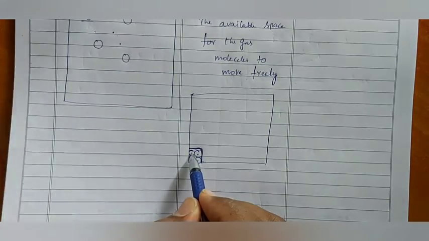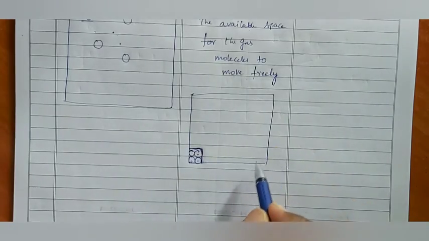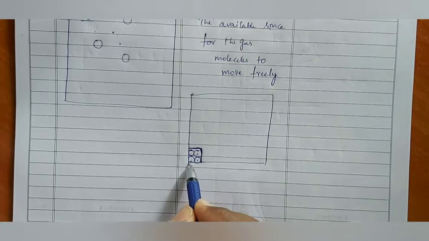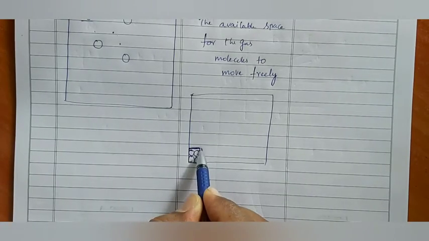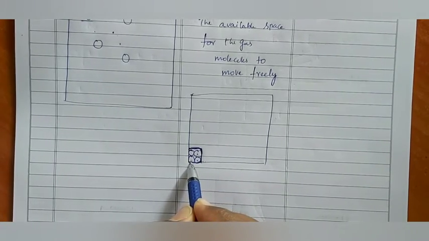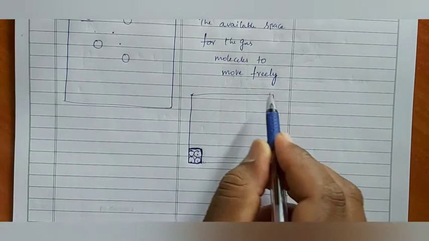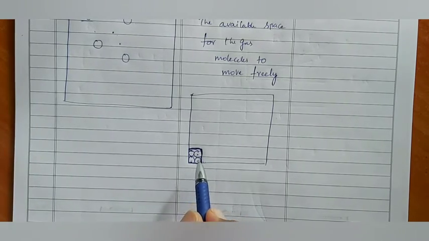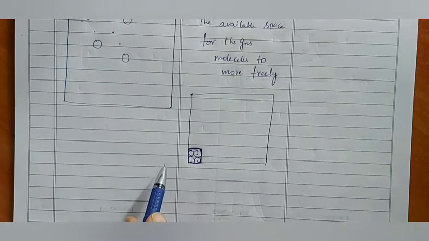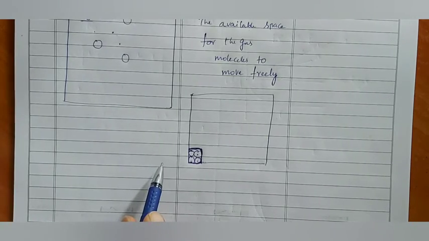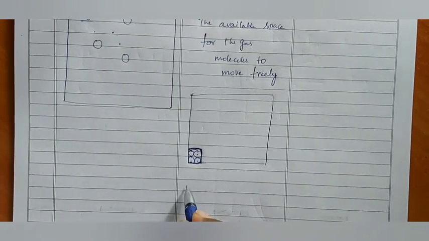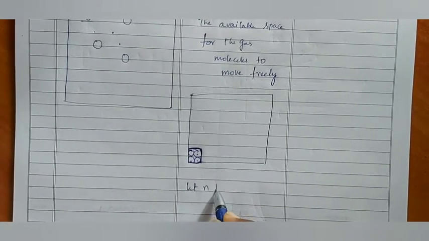So however many molecules are there, those molecules' volume must be subtracted from the total volume of the container. That is only treated as the volume of the gas. Now, let us consider n molecules are there.